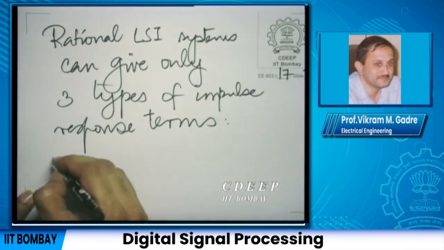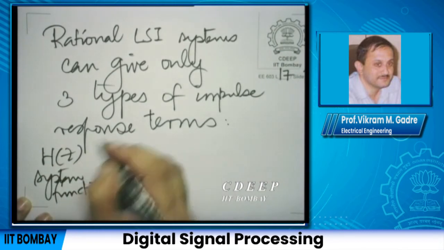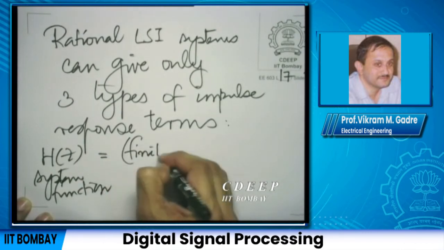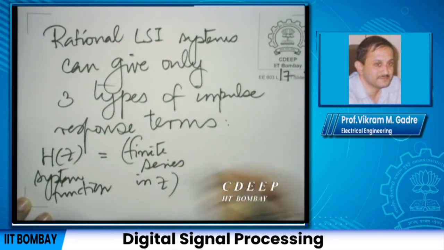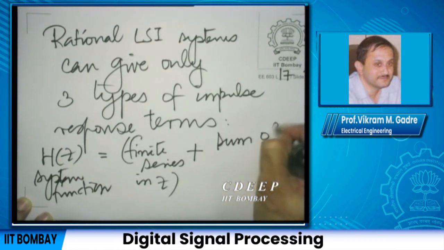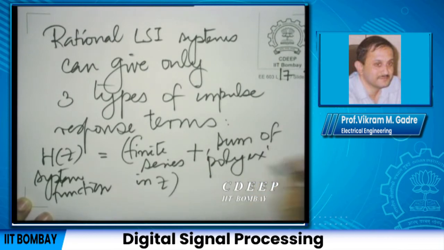You see, that is because if you have the rational system function H(z), it can always be decomposed as a finite series in z or z inverse plus a sum of poly-x terms, poly-x unilocated pole terms.